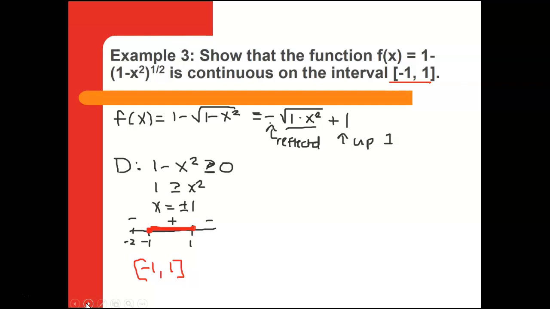So part of showing continuity is showing that it exists on that interval. The next thing we have to do is show the endpoint values. So I need to know f of -1 and f of 1. In order to be continuous on an interval, it needs to be continuous at the endpoints.